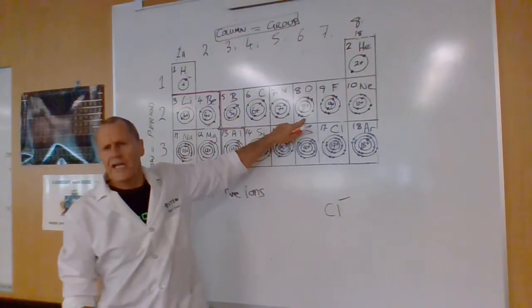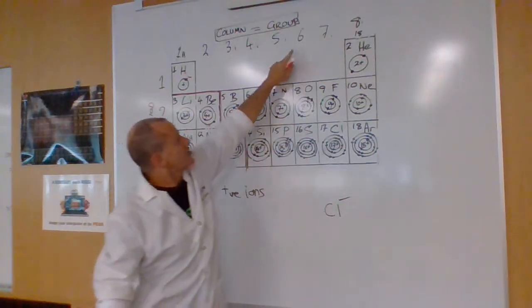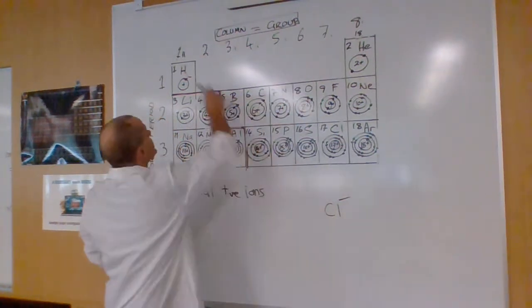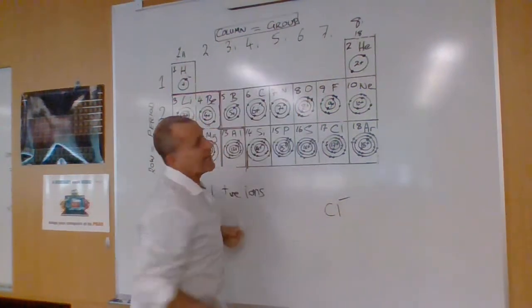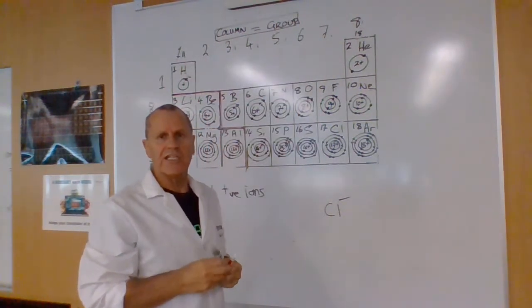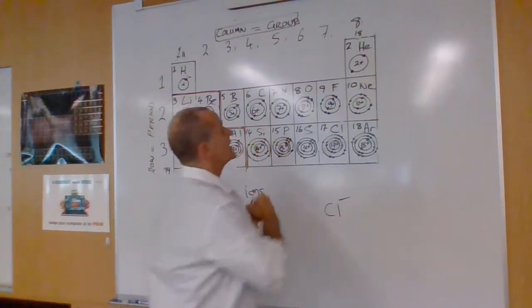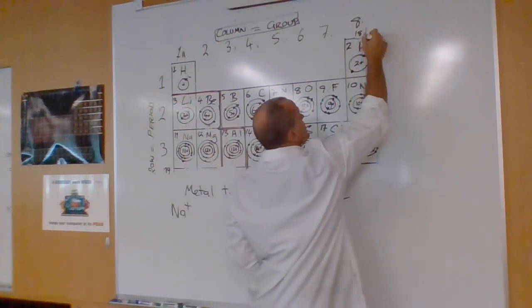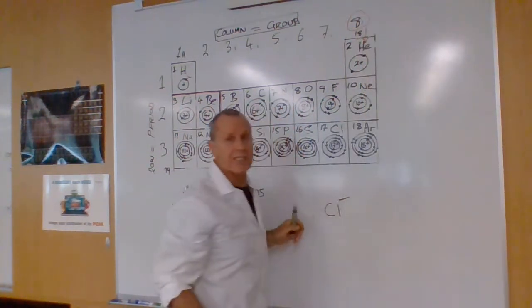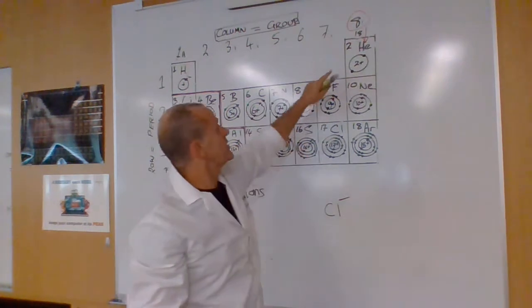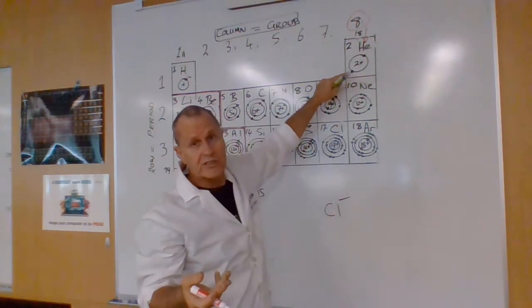Oxygen has 6 electrons in its outer energy level. This number here means how many electrons in the outer energy level. The only exception to that is helium. Helium, of course, does not have 8 electrons in its outer energy level. It has only 2, because it's only got 2 electrons.